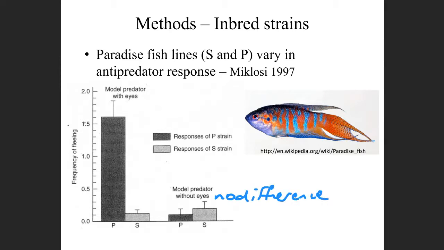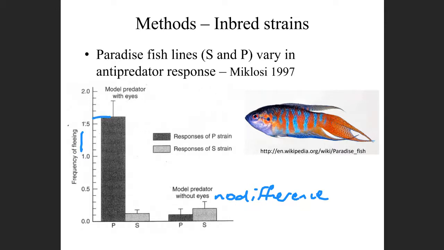And what's the dependent variable? The dependent variable is swimming away, fleeing. That's our dependent variable. However, when you present them with a model, and that means a fake fish, like a pike or something, if the model has eyes, then the P strain flees.